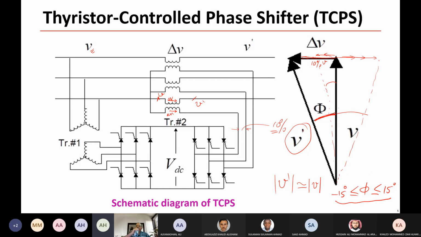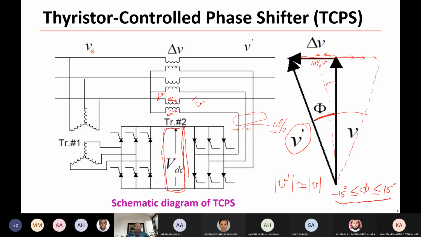Excuse me, Doctor. Here we have two transformers, TR1 and TR2. So both of them have the phase shifter function? The phase shift comes from the direction of this voltage with respect to V. And once you have here a DC, you kill all the phase shifting that we have.